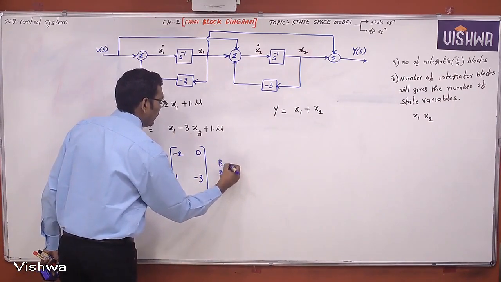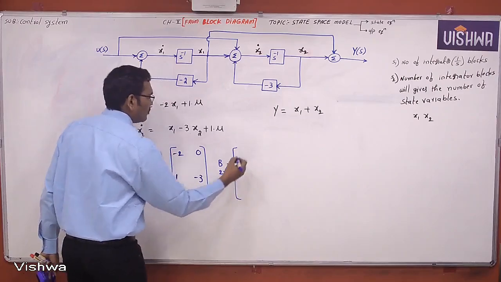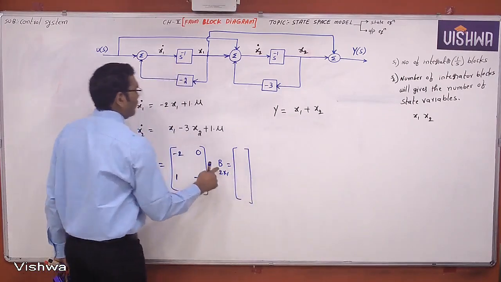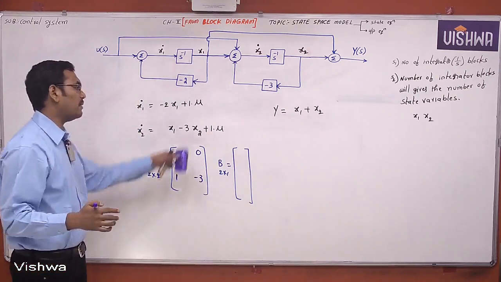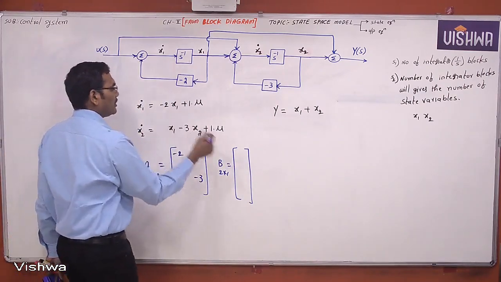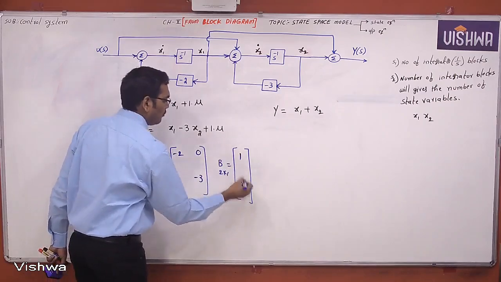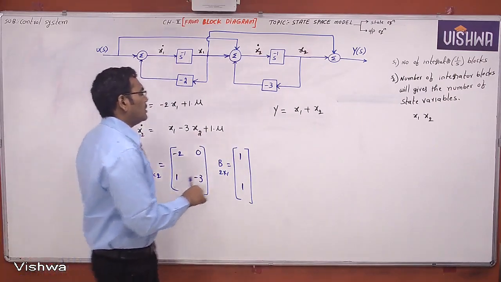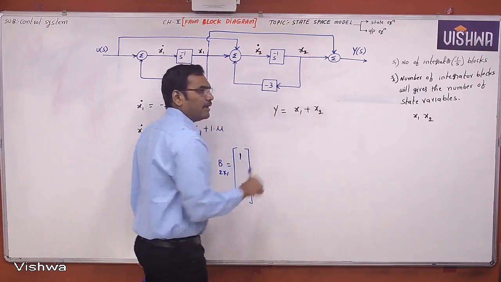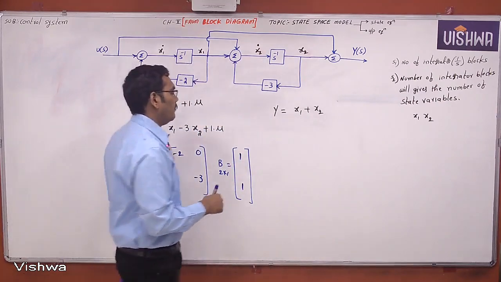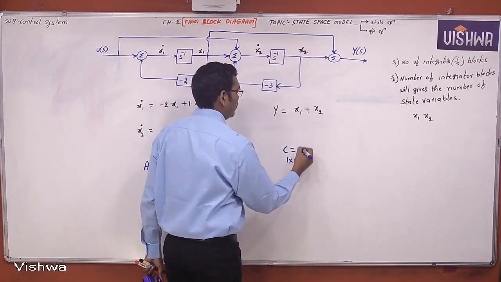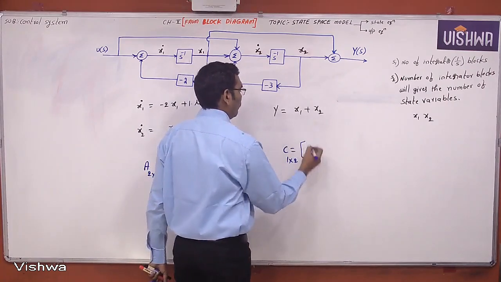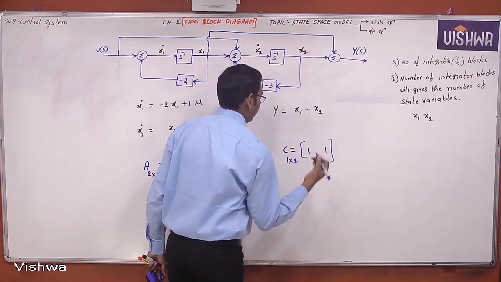What is B? B is 2 by 1. The B matrix totally deals with U. The U coefficients come in the B matrix. What is the U coefficient? 1. What is the U coefficient? 1. This is B. Now the C matrix is nothing but a relation between output and state variables. So C is 1 by 2, which is 1, 1. That's it.